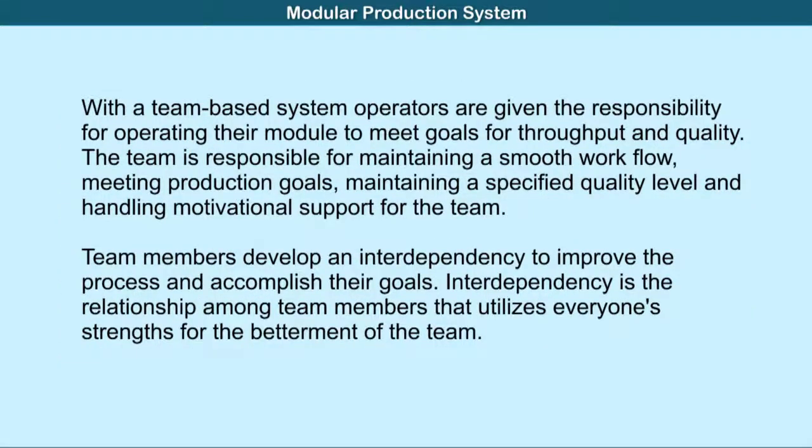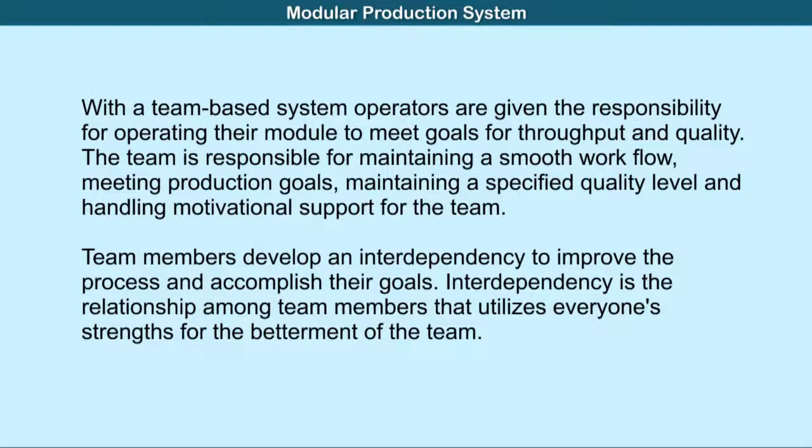With a team-based system, operators are given the responsibility for operating their module to meet goals for throughput and quality.